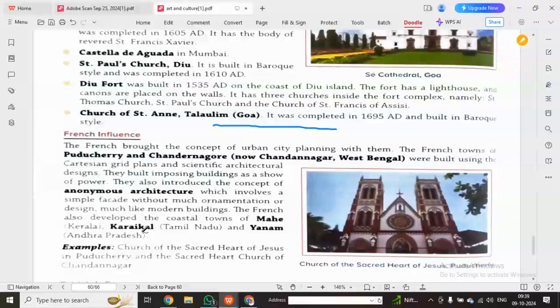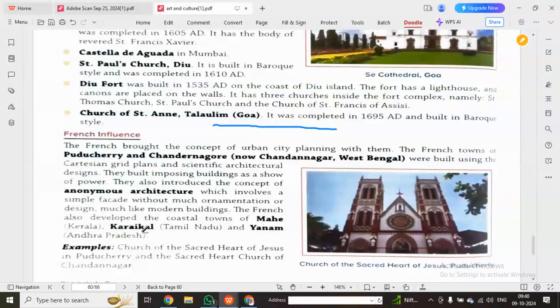तो फ्रेंच इन्फ्लुएंस की बात करें तो फ्रेंच ब्रॉट द कंसेप्ट ऑफ अर्बन सिटी प्लानिंग. So they basically brought the concept of urban city planning.